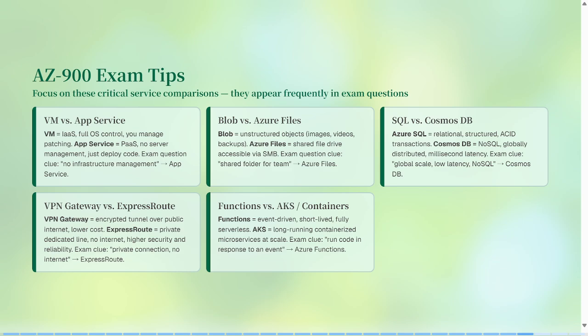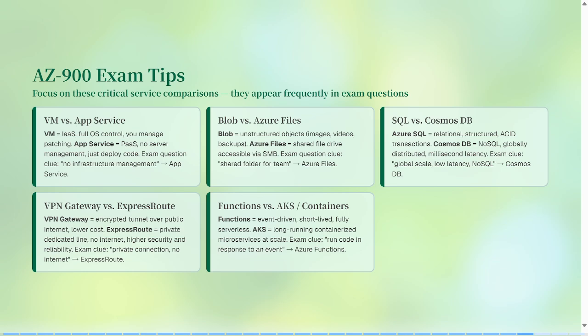Functions versus Azure Kubernetes Service or containers. Azure Functions is serverless and event driven. It runs code only when triggered and is ideal for short-lived tasks. Azure Kubernetes Service is used for managing containerized microservices at scale.